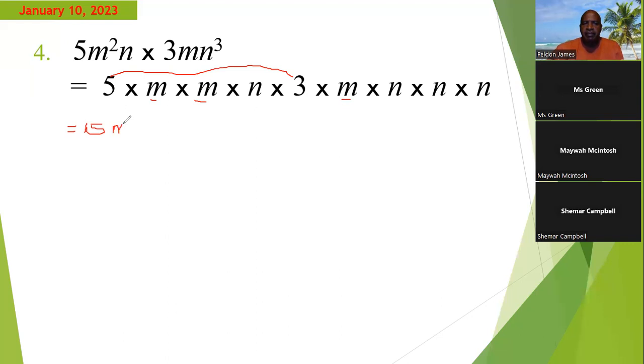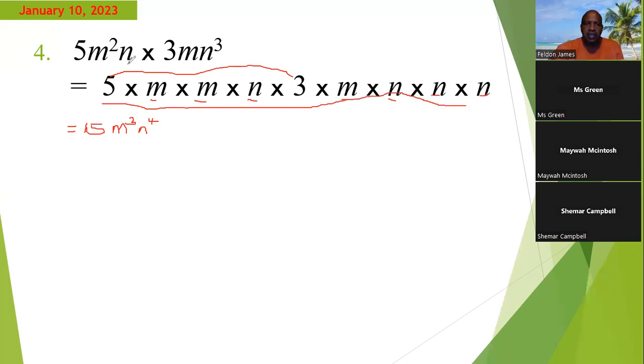So m will be raised to the power 3. And then now for the n's, you count how many you have. 1, 2, 3, 4. So this is going to mean that n will be raised to the power 4. And so this would be the longer way of doing it.